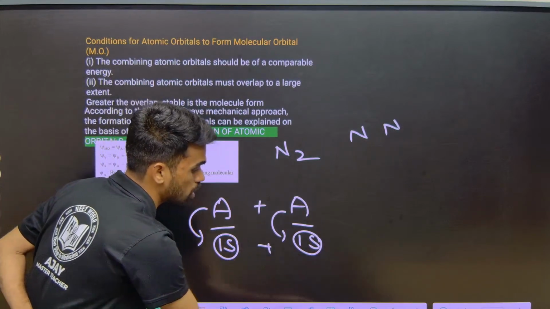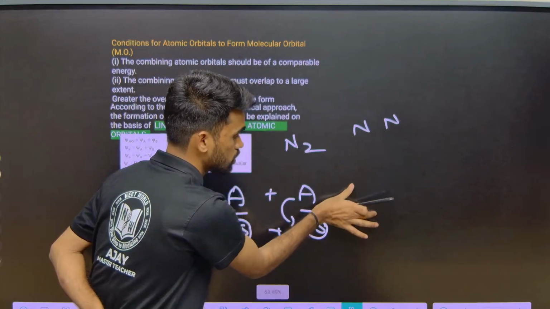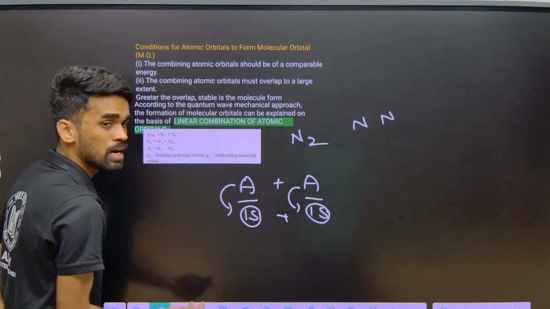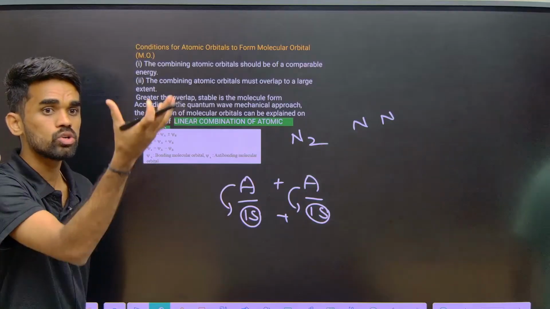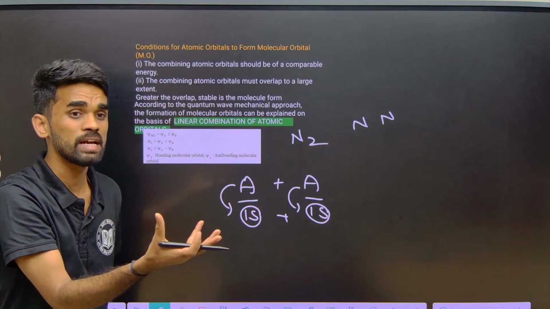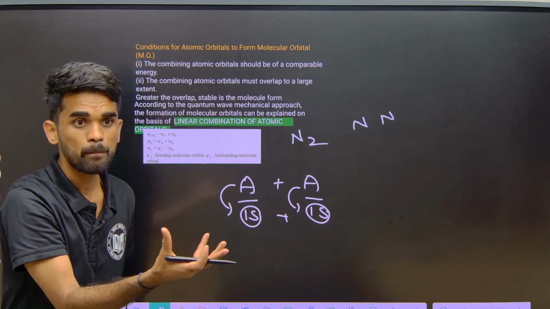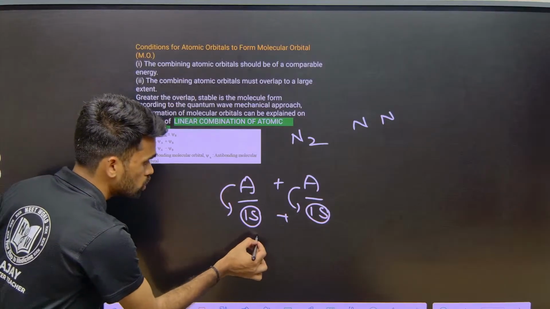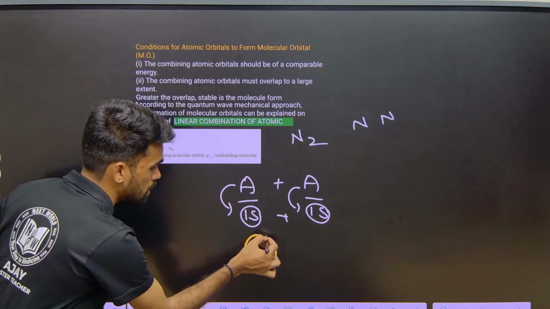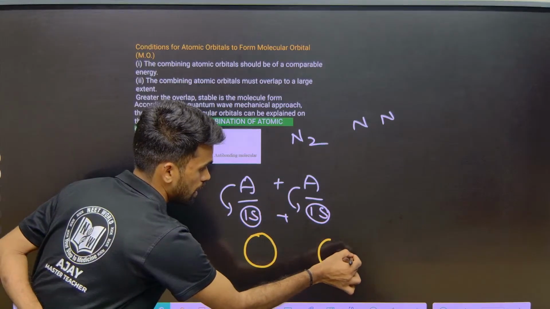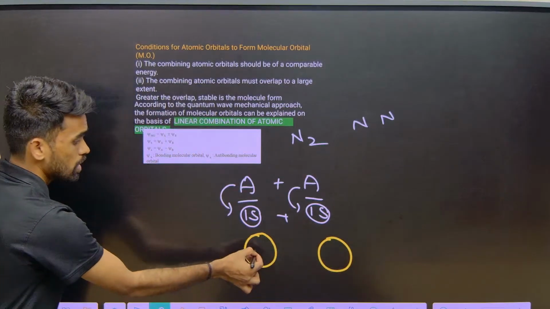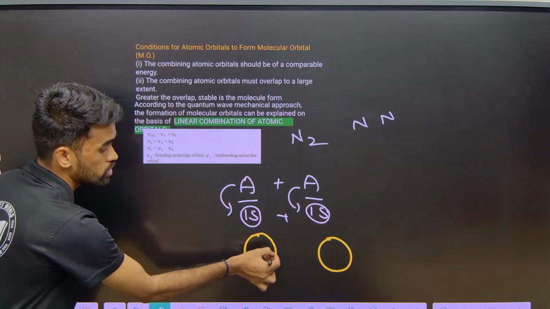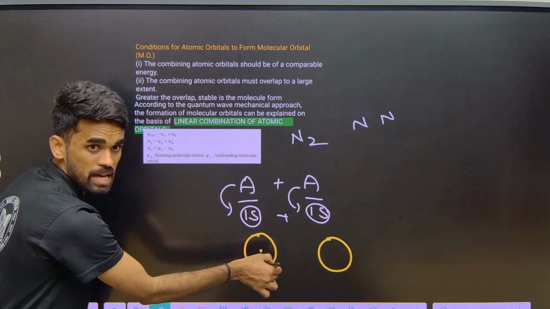How can you define an orbital? An orbital is a 3-dimensional space around the nucleus where you can find the electron with maximum probability. Now 1s means what is the shape of that orbital? Spherical, like this. This is the space around the nucleus where finding the electron is maximum.